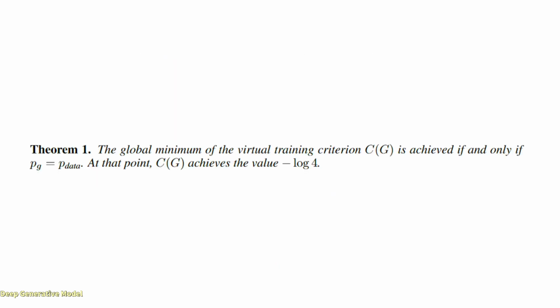It turned out that our GAN architecture can actually train our model to minimize the difference with respect to Jensen-Shannon divergence. And we can use this information to see how good our training is because we know the best we can get is negative log 4.